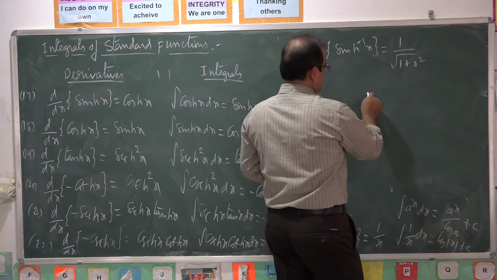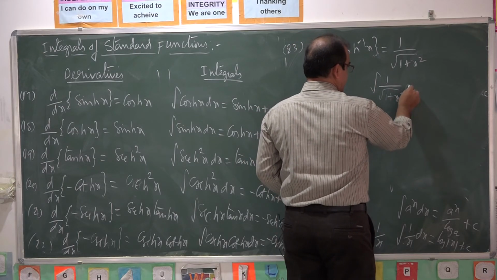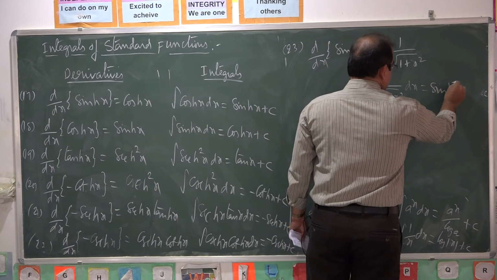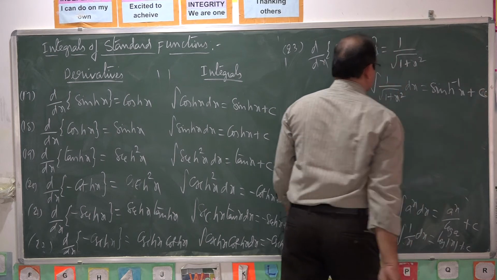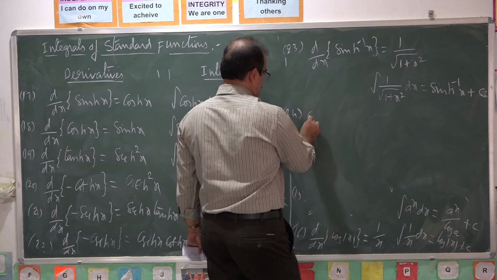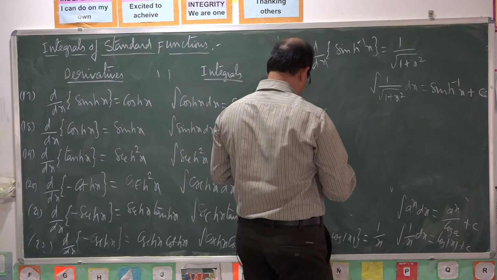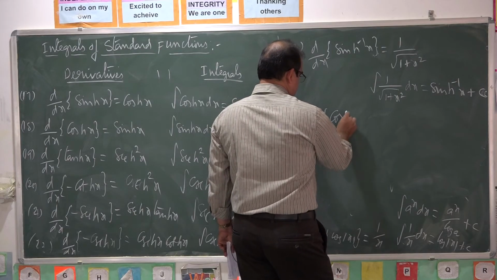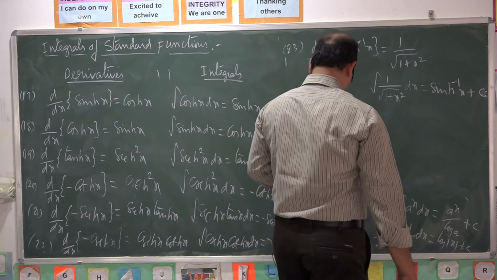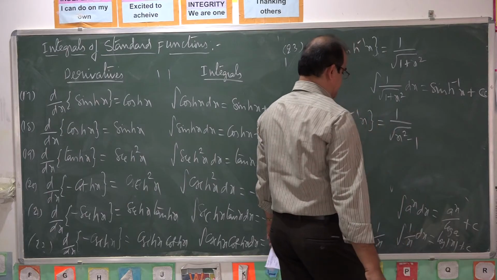So, in integration, integral of 1 by root of 1 plus x square dx is equal to sin h inverse x plus c. d by dx of cos h inverse x is 1 by root of x square minus 1.